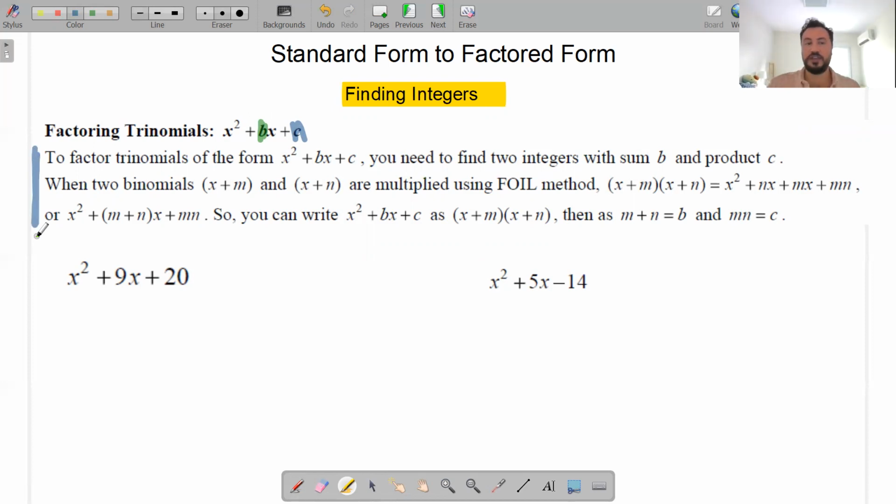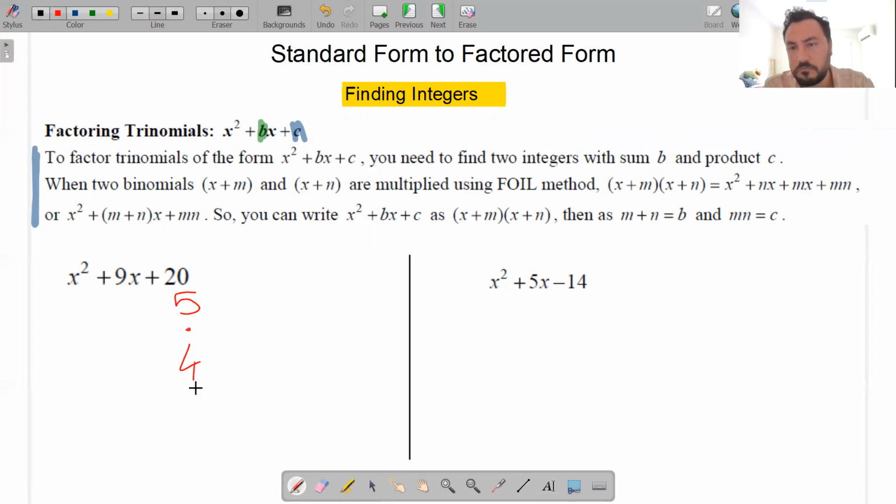So let's try to think about it. Let's do the binomial, the trinomial that is right here, x to the power of 2 plus 9x plus 20. Again, we need to find those two numbers. The sum together gives you 9 and multiply together gives you 20. 20 is a number that can be found by multiplying what? 5 by 4, for example, or 10 by 2.